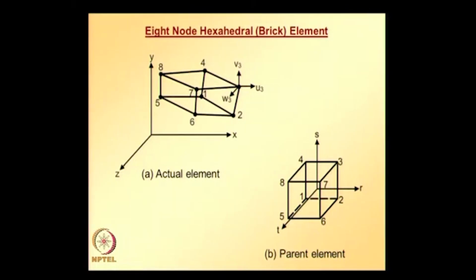So, for example, node 1 is located at r is equal to -1, s is equal to -1, t is equal to -1. Similarly, node 2 is located at r is equal to 1, s is equal to -1, t is equal to -1. Node 3 is located at r is equal to 1, s is equal to 1, and t is equal to -1.